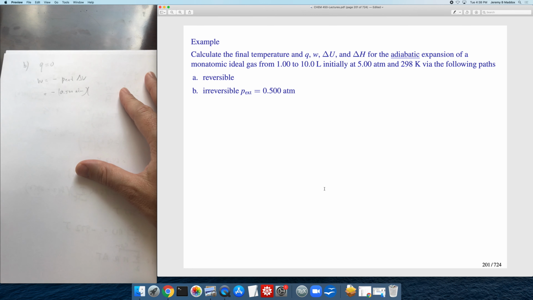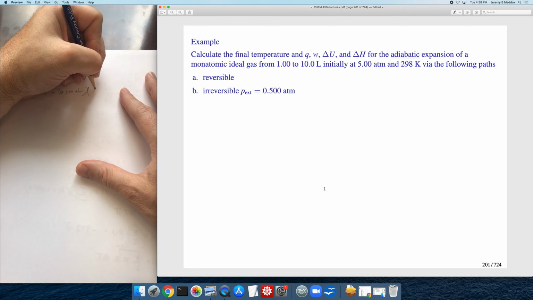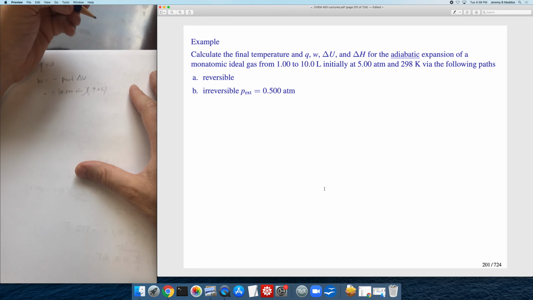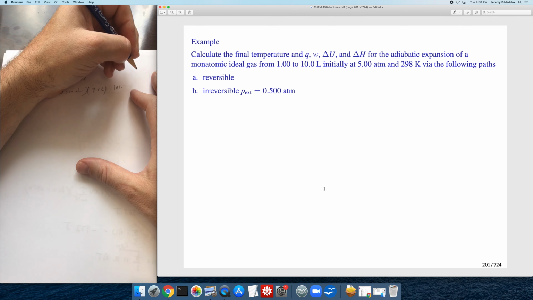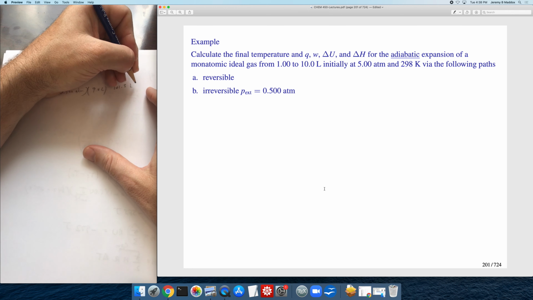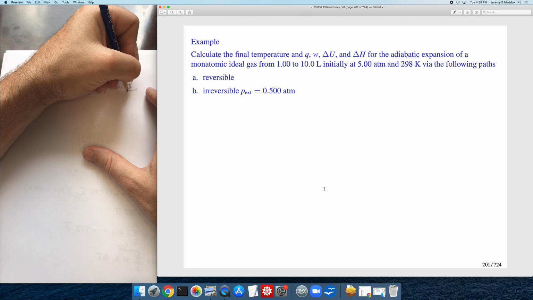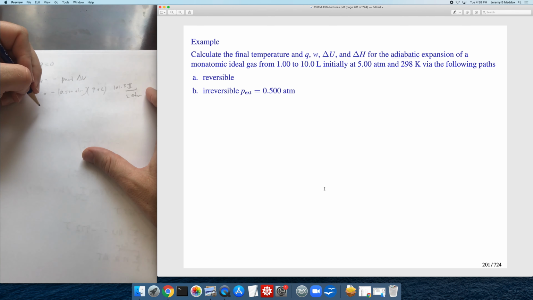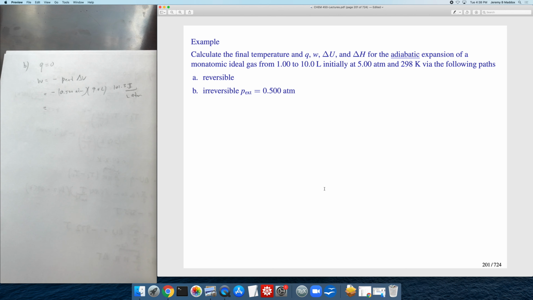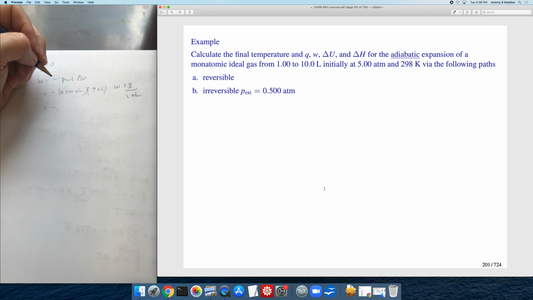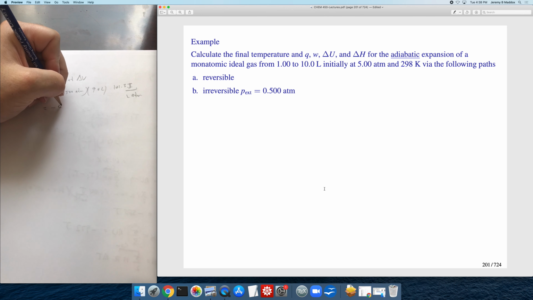Our volume change is 9 liters, and then we'll multiply that by 101.3 joules per liter ATM. So the work is minus 456 joules.